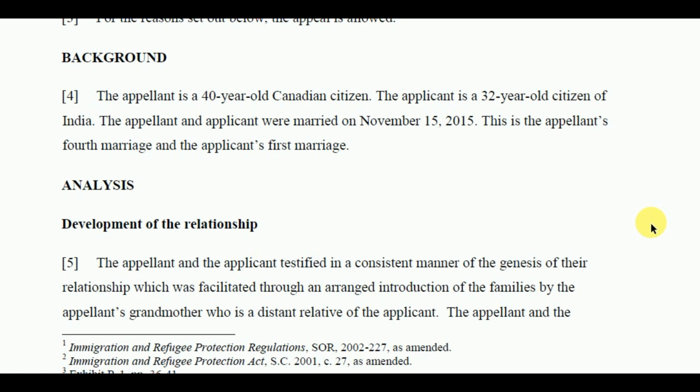The first one is the development of the relationship. So how the relationship started, how both parties came across each other. The appellant and the applicant testified in a consistent manner about the genesis of their relationship, which was facilitated through an arranged introduction of the families by the applicant's grandmother, who is a distant relative of the applicant.